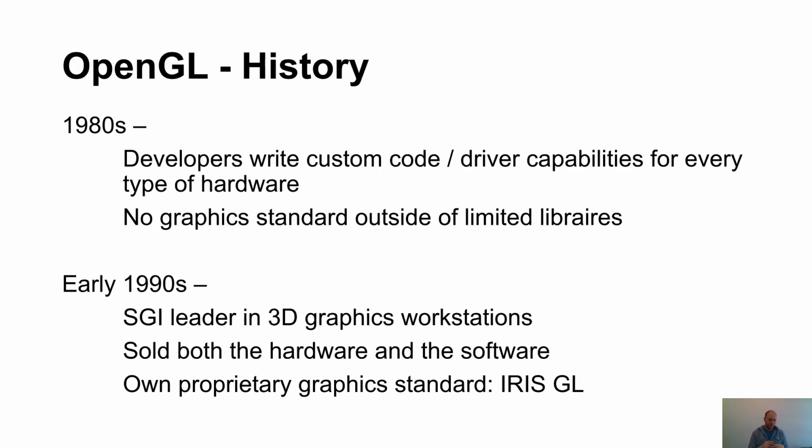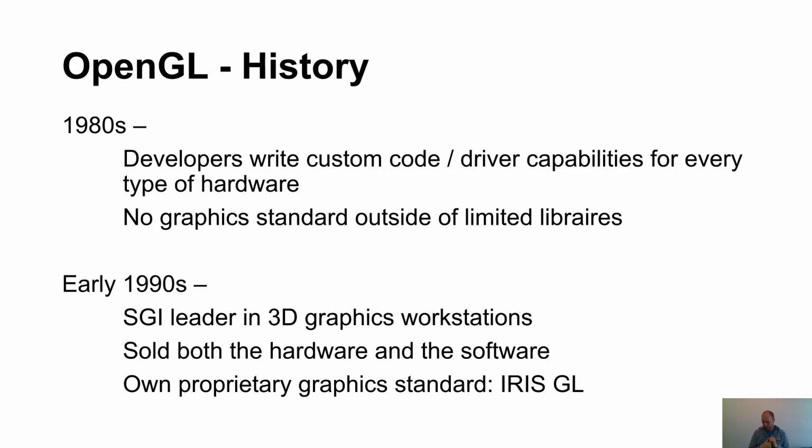As we got into the 1990s, SGI, which is actually down the street from here, really became the leader in 3D graphics hardware. They built their own hardware and their own graphics cards. Little known fact: a lot of NVIDIA actually spawned out of SGI, so you can see the modern manifestation of a lot of that stuff.